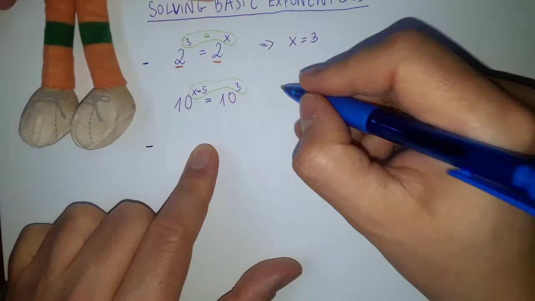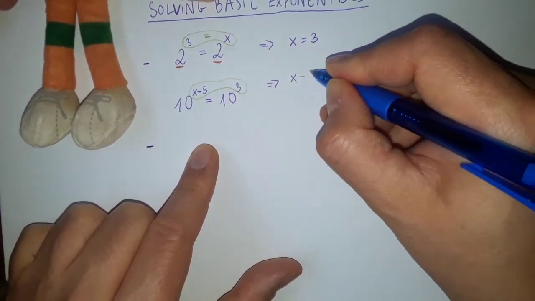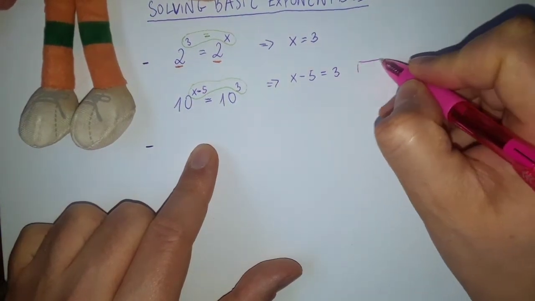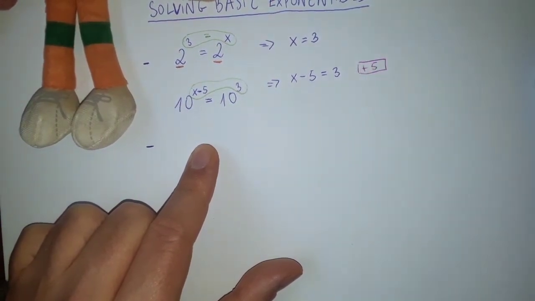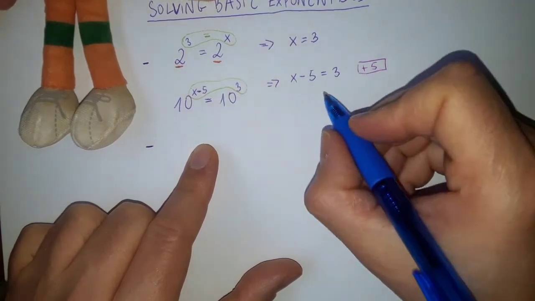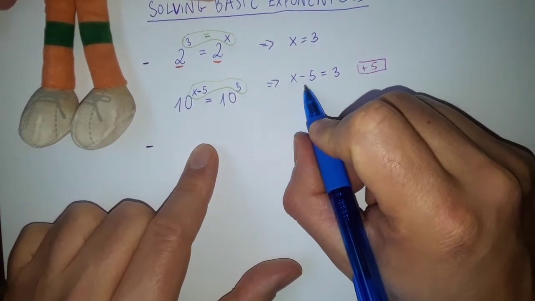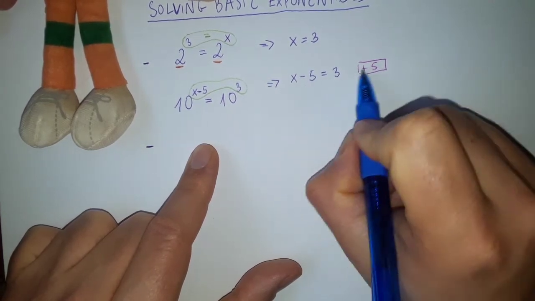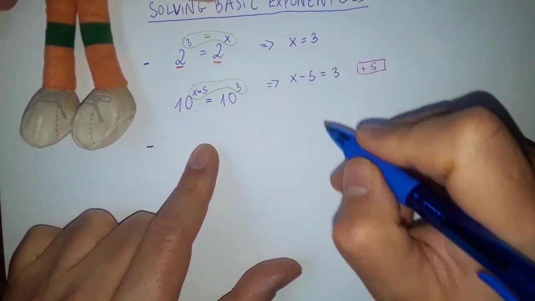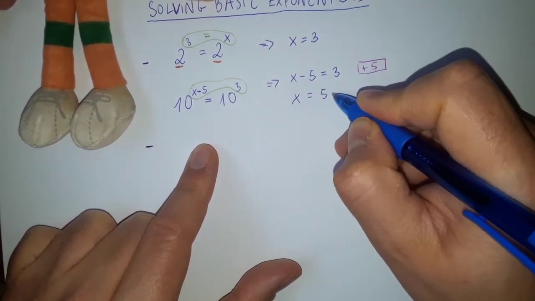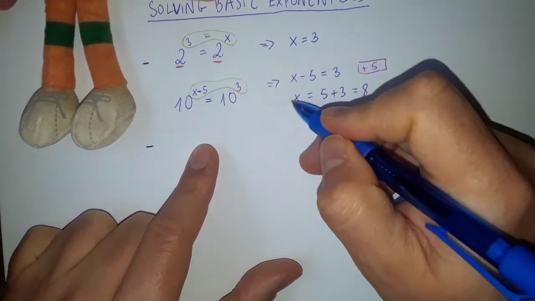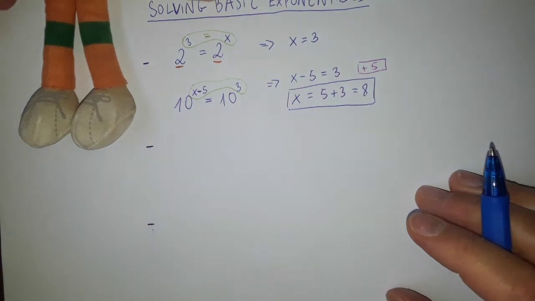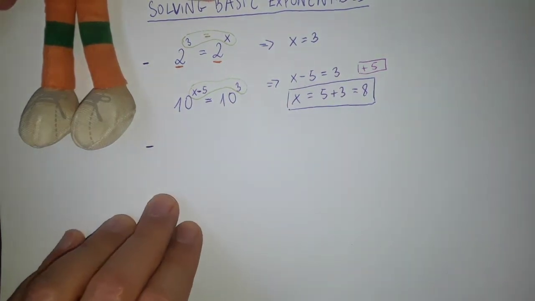Now we're gonna have x minus 5 equals 3. We have to add 5 to both sides. The minus 5 cancels out, and I have 3 plus 5, so it's like this 5 goes to the other side adding, so we're gonna have 5 plus 3, which is 8, right? That's an easy one.